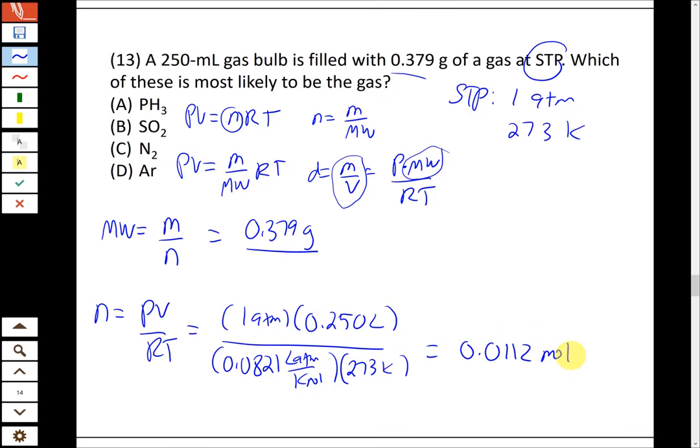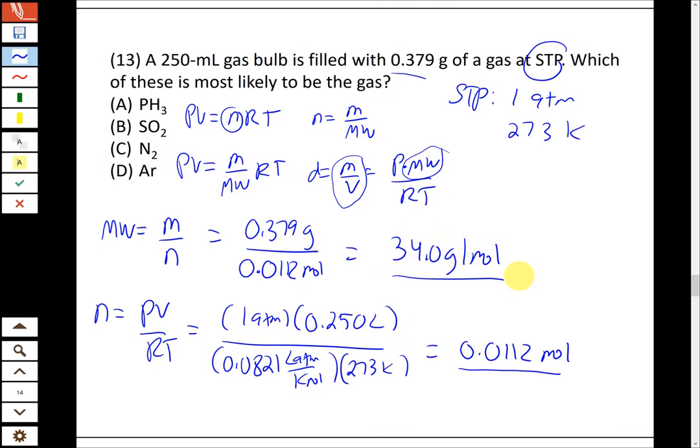That's the number of moles that I got. So we can use PV equals nRT to find the number of moles. We have the mass, we have the moles, and the ratio of those two is the molar mass. So we divide the two. And again, possibly a little bit off because of rounding, but I got something like 34.0 grams per mole.